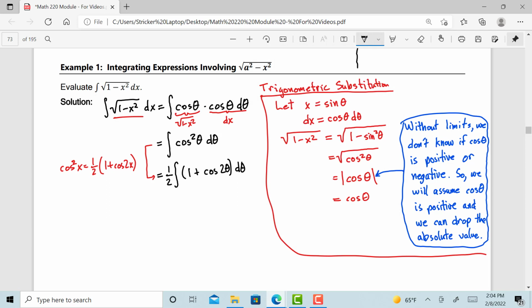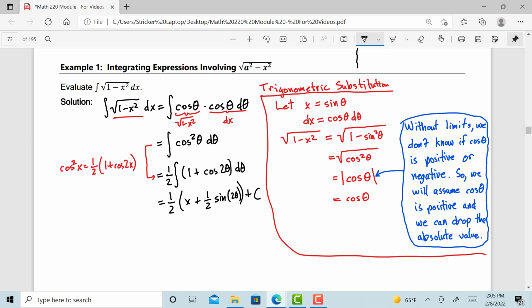and that allows us to find the integral now with a little mental u substitution. We can have 1/2 times the antiderivative of 1 is, I don't need to rewrite that integral symbol. The antiderivative of 1 is x, and then plus a factor of 1/2 times the sine of 2 theta plus c.